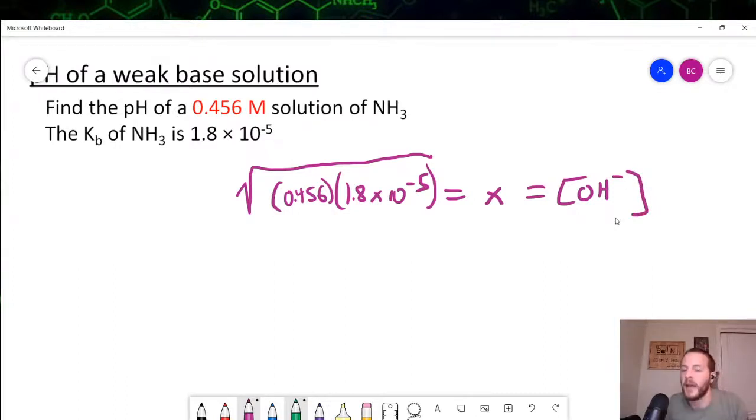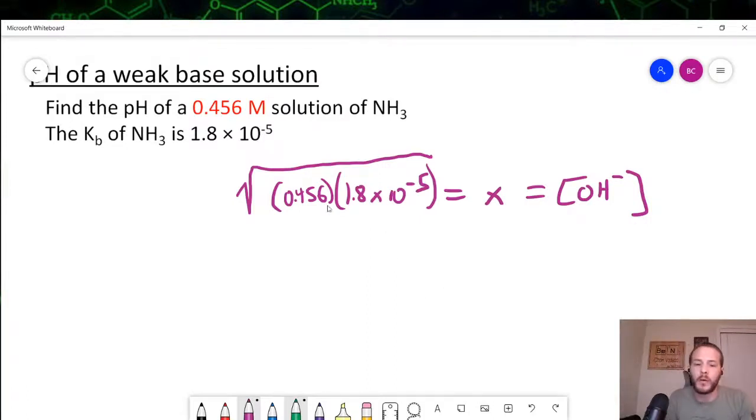Now, I just deleted the ice table, but I've done so many of these that I remember it pretty well. And if you're doing this problem, you'll probably write everything out and not delete anything as you go like I'm doing. So X, which is equal to the hydroxide ion concentration, is equal to this whole big term here, where we have the square root of the product of 0.456 and 1.8 times 10 to the minus 5, right?